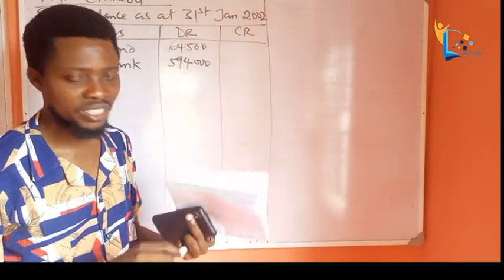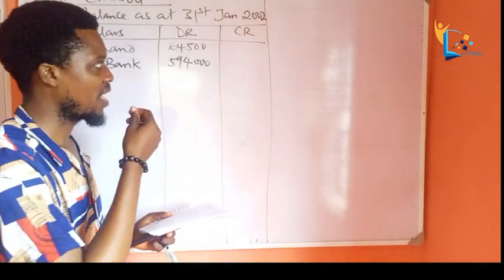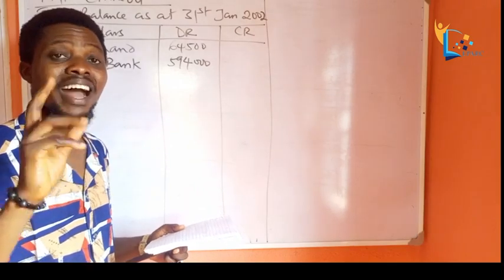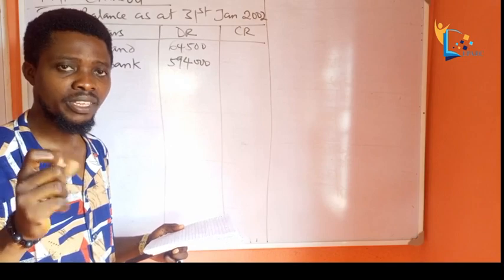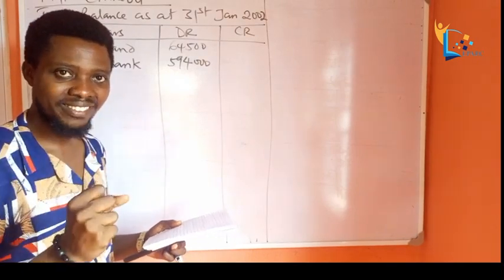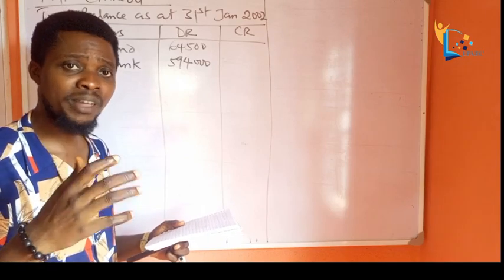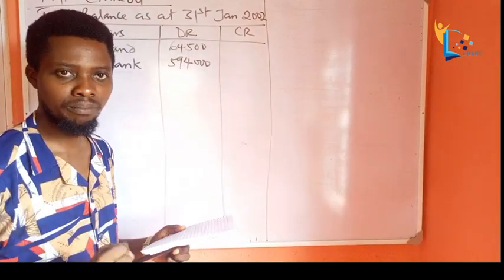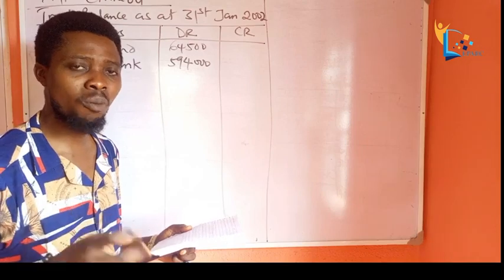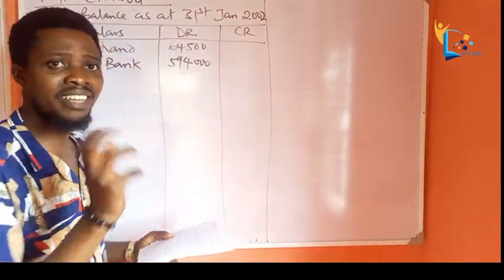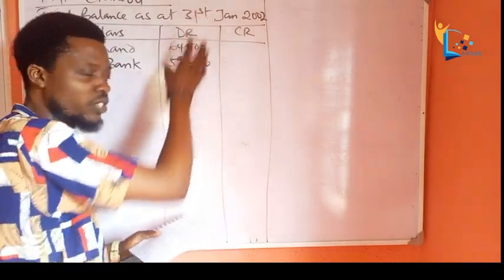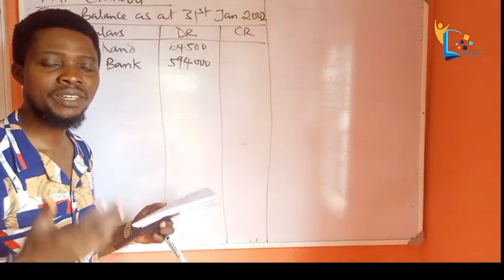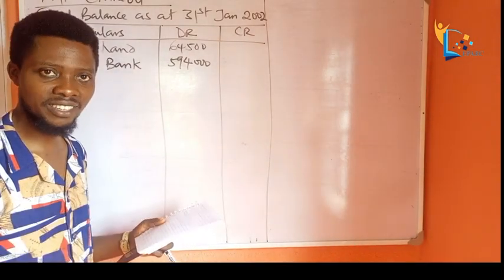Now, another way you can do this is this. Debit assets and expenses, or payments, while you credit liabilities and income or gain. Assets, payments, expenses, you debit it. For instance, cash in hand is a current asset.